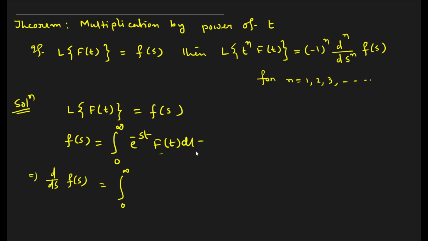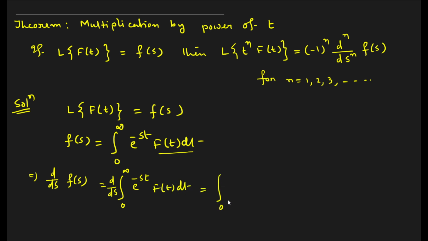So f of t and dt are constant here, because t and s are independent. We have to differentiate only this part. This is also called differentiation under integration, because the integration is already there. Or you can write it like this also, d by ds of the integral of e to the power minus st f of t dt.